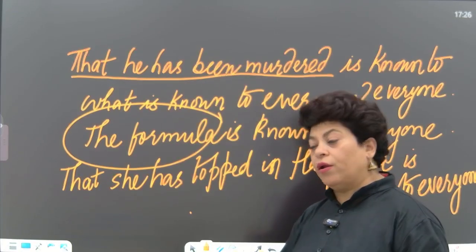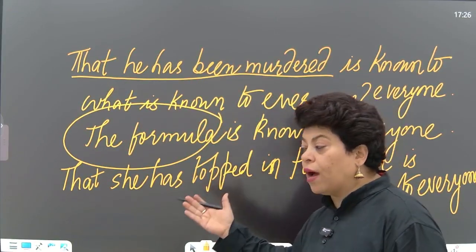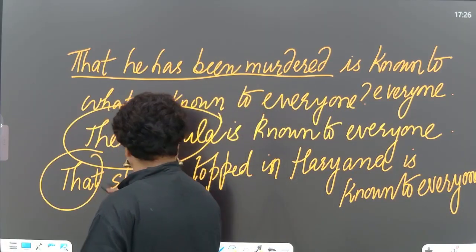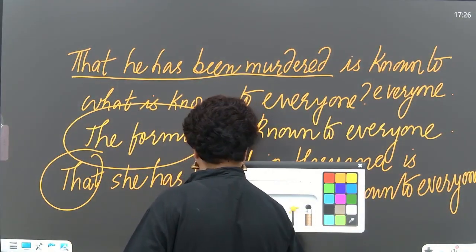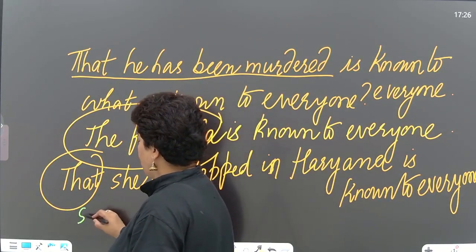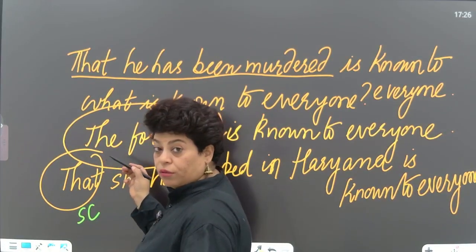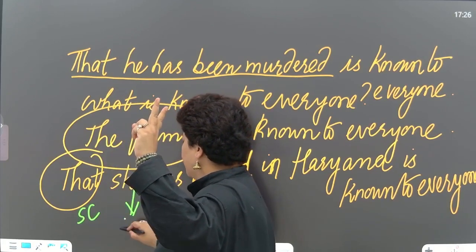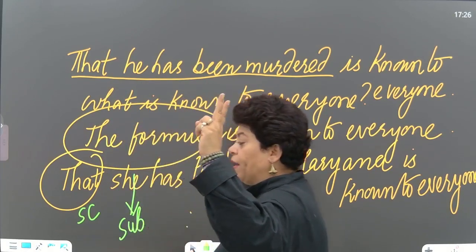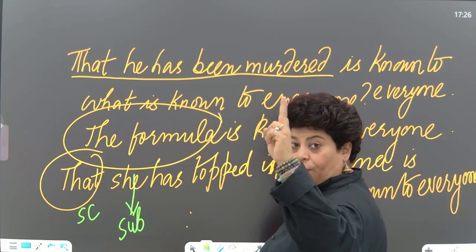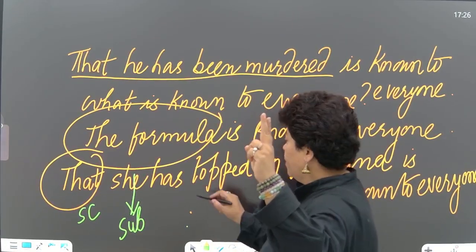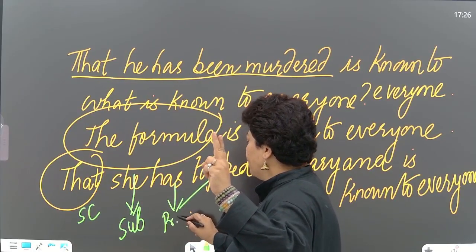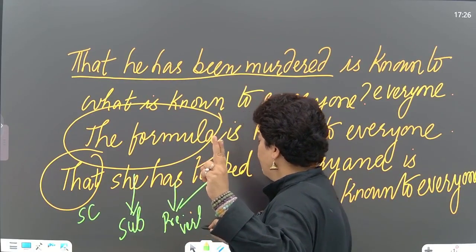Now here, automatically we get all our answers. What is it? That, I change the color here to just make the rule clear, is the subordinating conjunction. First condition. Second condition, she is the subject of that dependent clause because it has a subordinating conjunction in it. She has topped, that is the present perfect form of the verb, right?